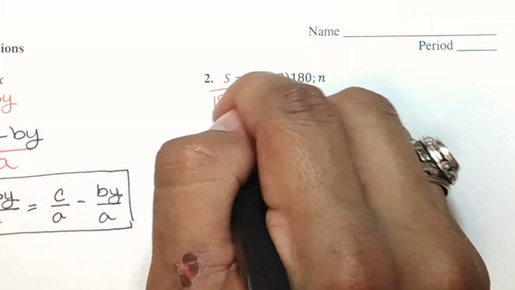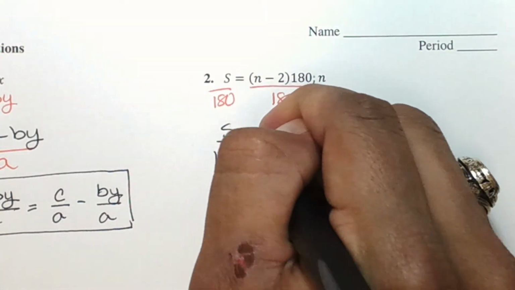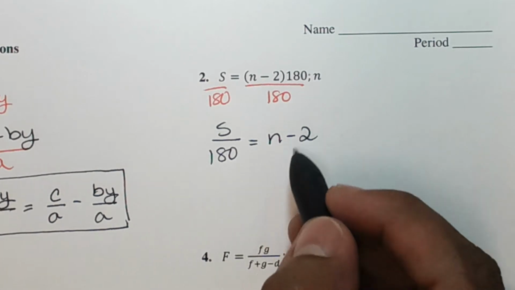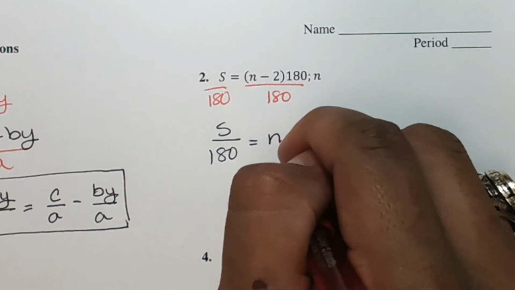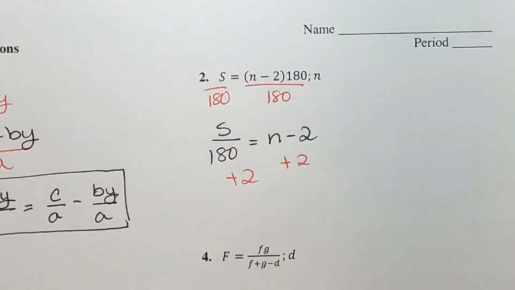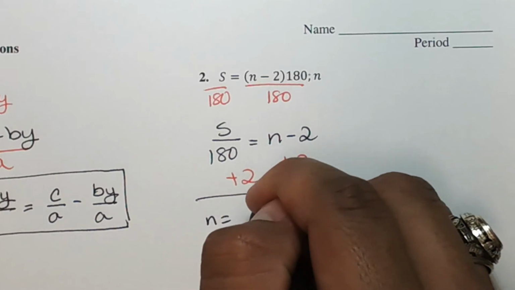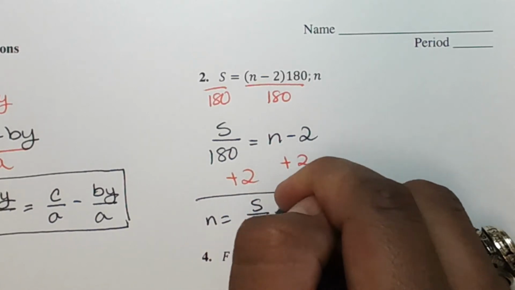So we end up getting s over 180 equals n minus 2. And then since we're solving for n, I could add 2 to both sides and end up having n equals s over 180 plus 2.